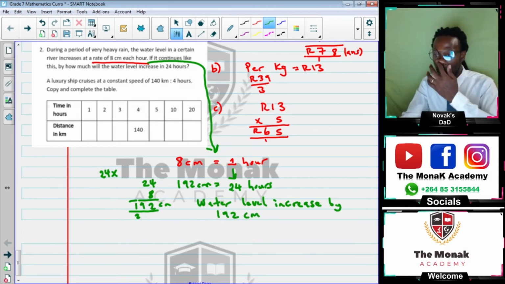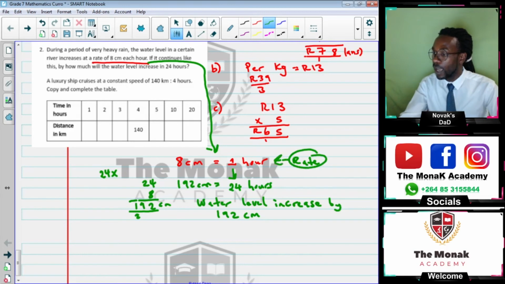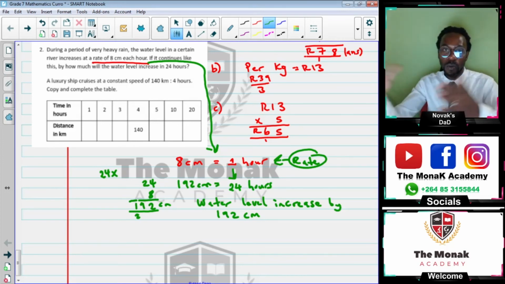So it all starts from the rate that we are given. This is the rate. And our rate, you can write it as an equal to, or say per hour, but per is a bit difficult to use when you are doing your calculations. So always write it in the form of this equal to that.